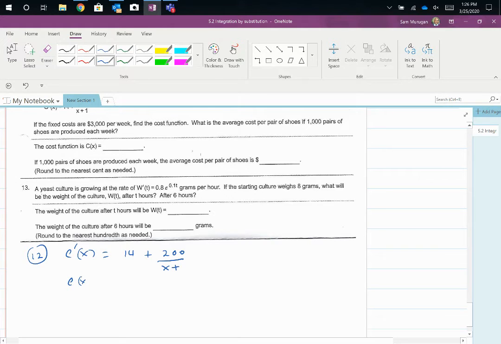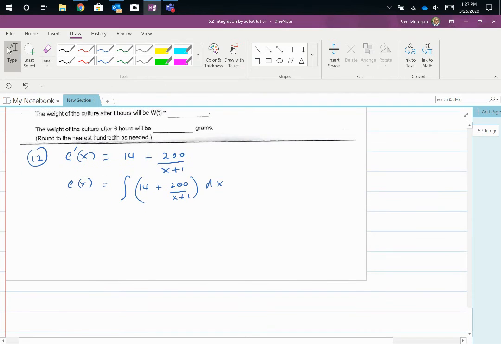So C of x is the integral of 14 plus 200 over x plus 1 dx. So integrating here, we have the integral of 14 dx plus 200 times 1 over x plus 1 dx.